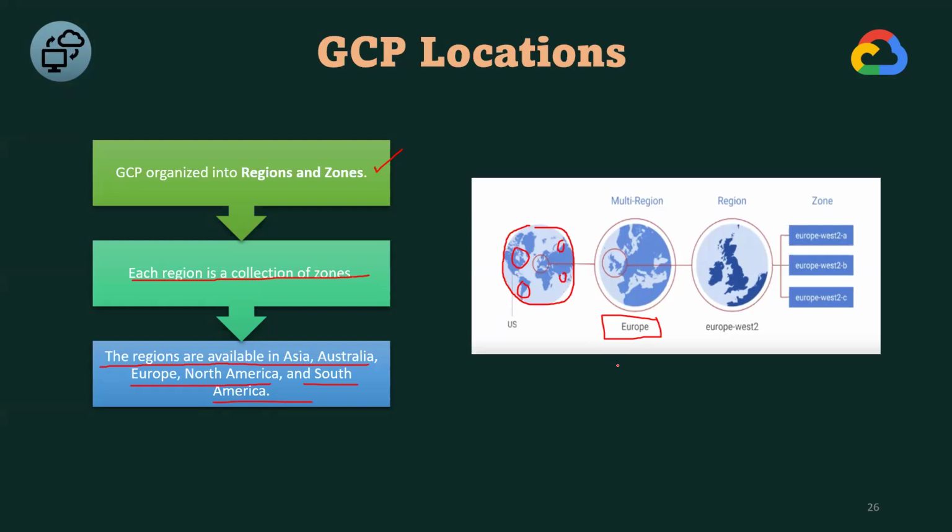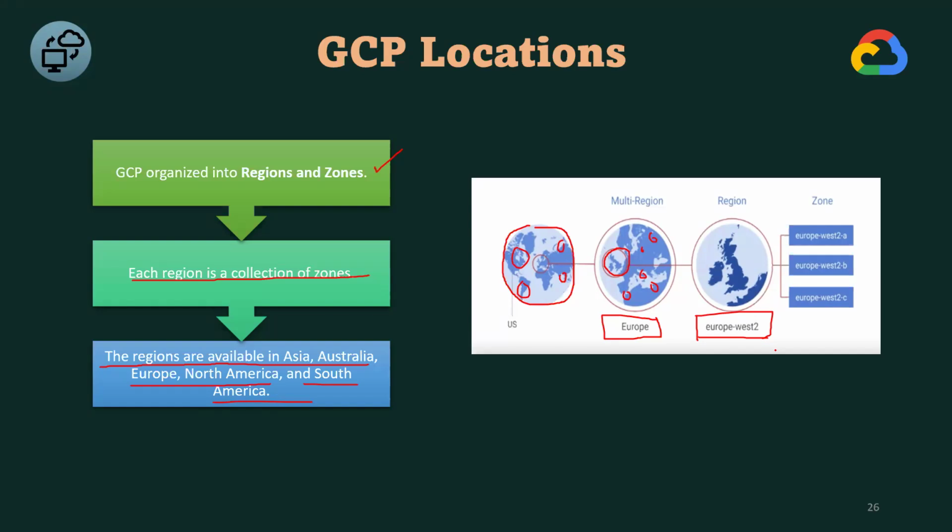Okay, so if I take one of the regions in Europe, it will have plenty of regions, right? Take one of the regions, whose name is Europe West 2. Try to look at the nomenclature here. If you take a globe, you will have 5 locations. Each location has its own name. Each region in the location has its own name. Look here, one of the regions is Europe West 2.